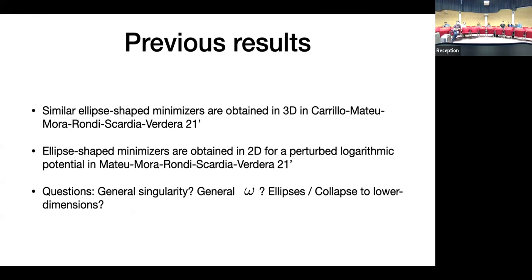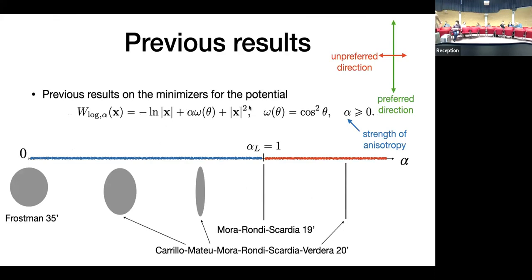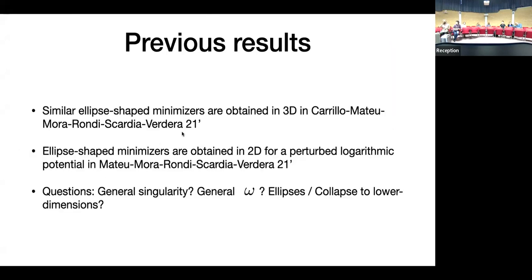Also, a work by Mateu, Mora, Rondi, Scardia, and Verdera in 2021 deals with the case when you start from this logarithmic plus quadratic, but add some perturbation term which can be general. In this case, they also showed that the minimizers have to be ellipses.